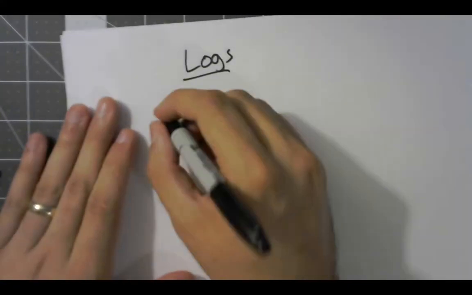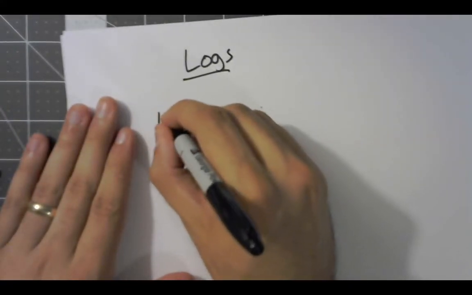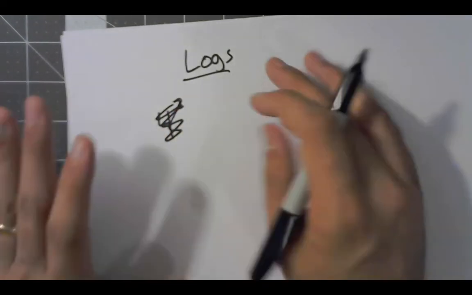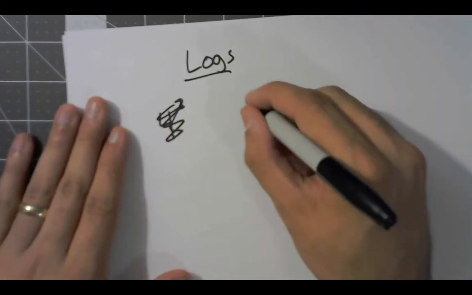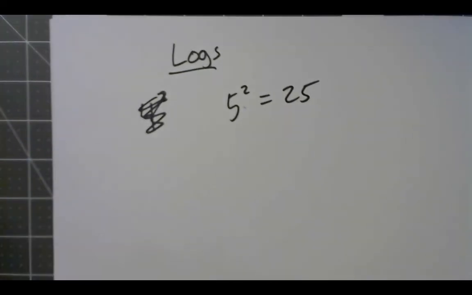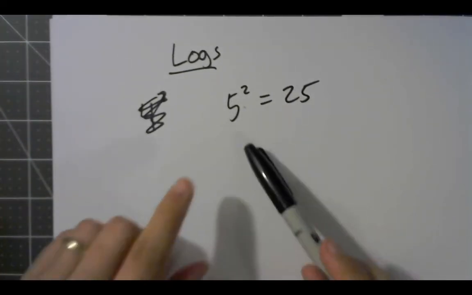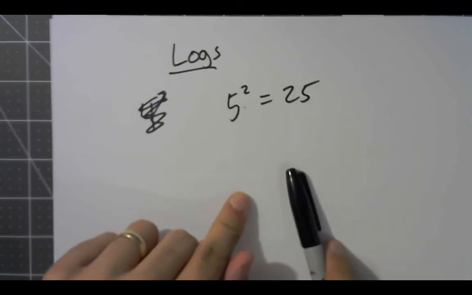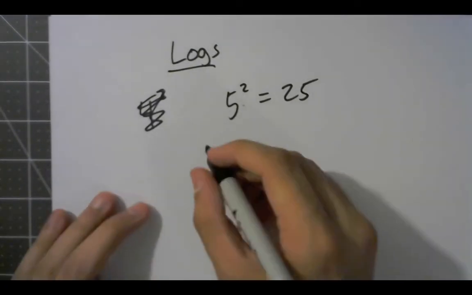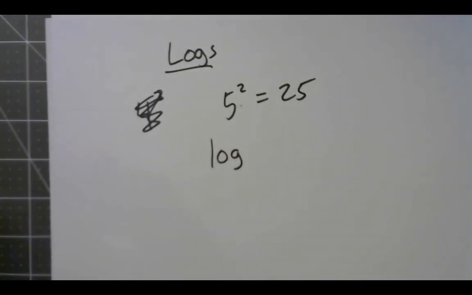Okay, logs. For example, if I have 4 squared, oh, that's a bad example. How about 5 squared? 5 squared equals 25. What I'm going to do is take this information and rearrange it down here. That's what logs are. They're taking our information that we have and writing it a little differently.